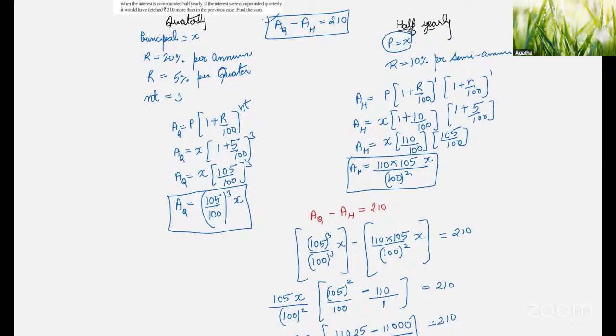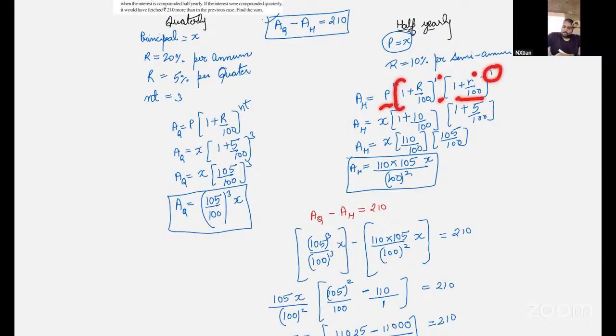And then I did like this: A equals P times 1 plus 10 by 100 to the power of 1, times 1 plus 10 by 100 to the power of 1 by 2. So instead of that, root of 5.